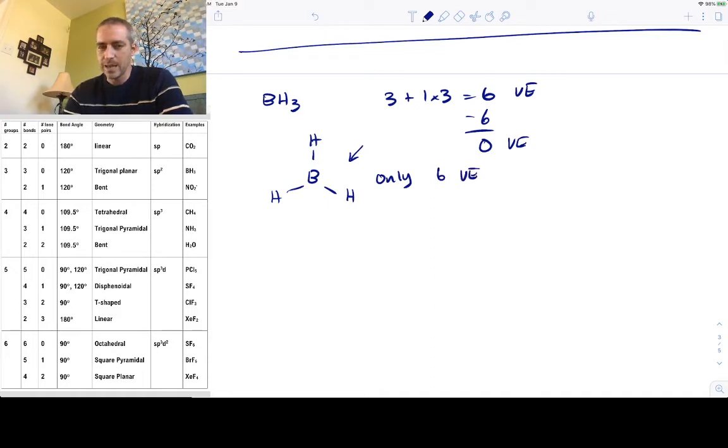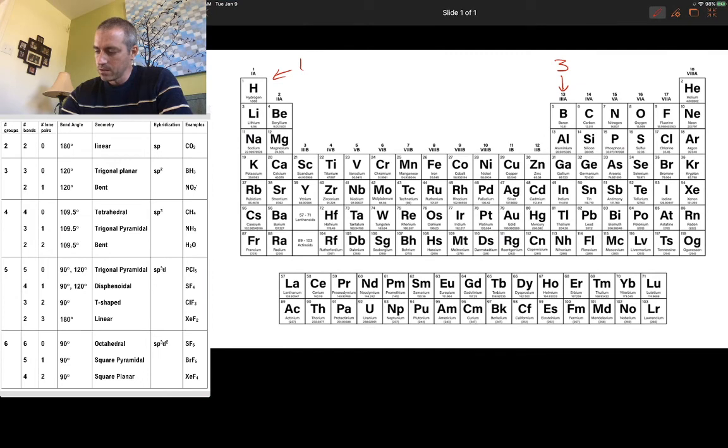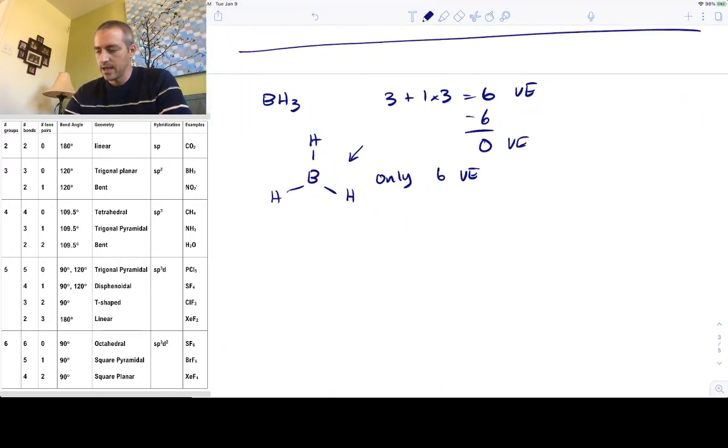So this is an exception to the octet rule. Boron, if you remember where it is on the periodic table, it's in row 2. Row 2 cannot exceed an octet, but it can have less, or I guess fewer.